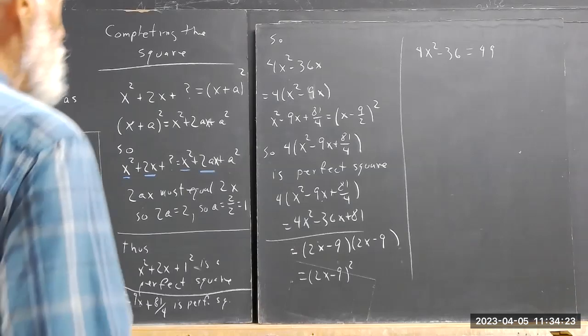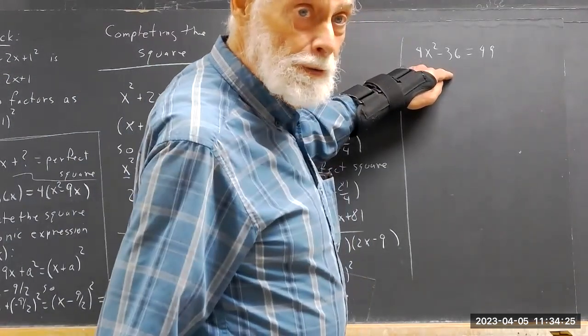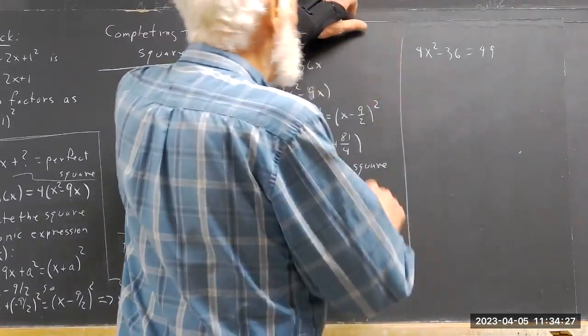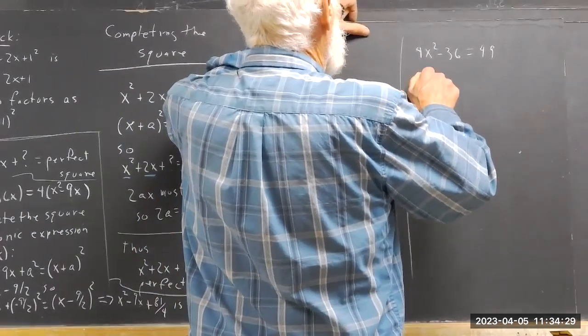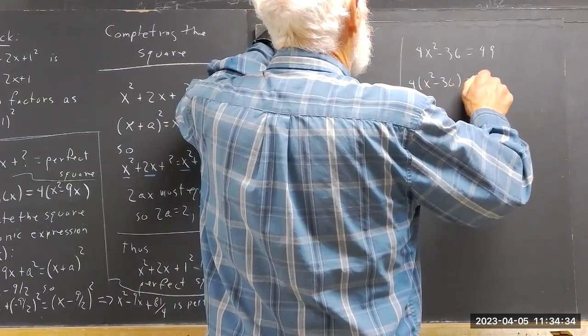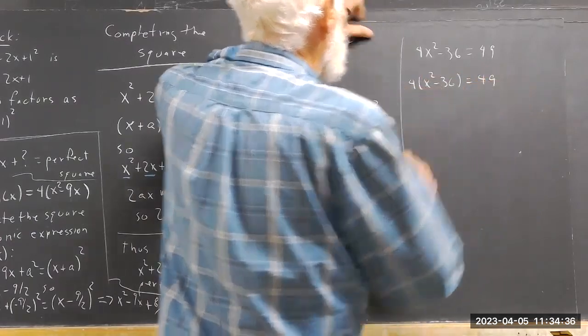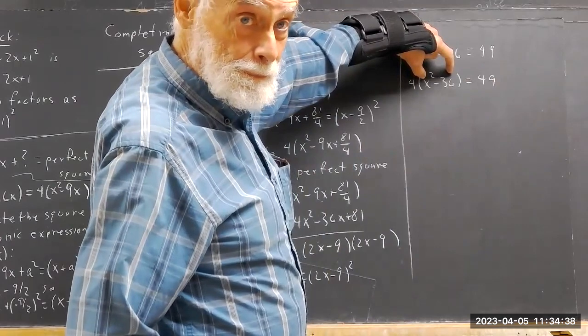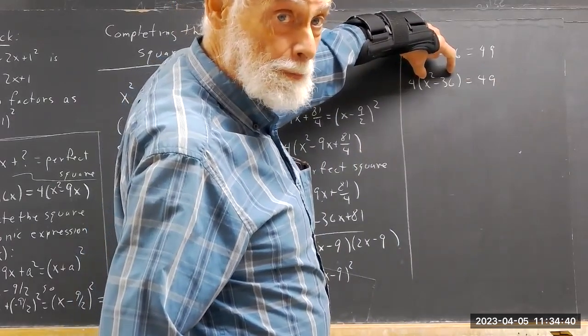Okay, so if we don't already know how the square is completed here, then we're going to do this. We're going to say, okay, well, we've got 4 times x squared minus 9x equals 49. We factor this out, so we'll have a monic expression here.